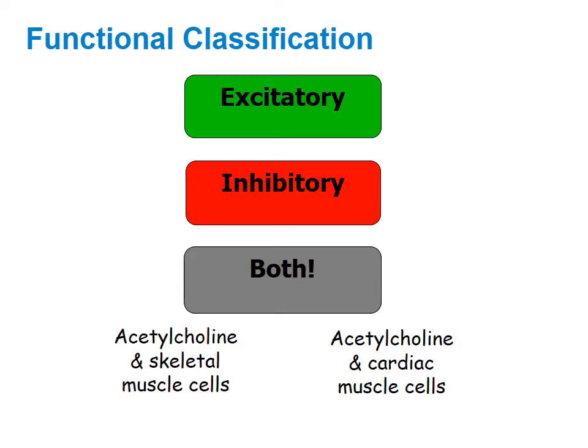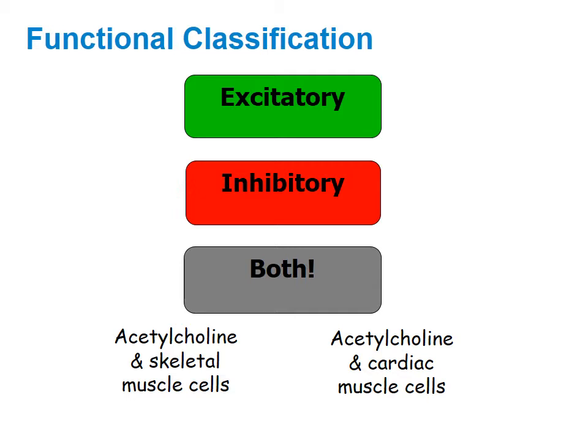Excitatory neurotransmitters bring the postsynaptic membrane closer to threshold so an action potential is more likely to occur. This is an EPSP, and we see them on skeletal muscle cells in response to acetylcholine.